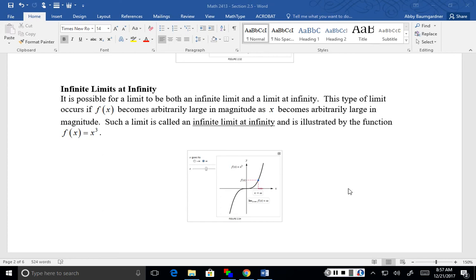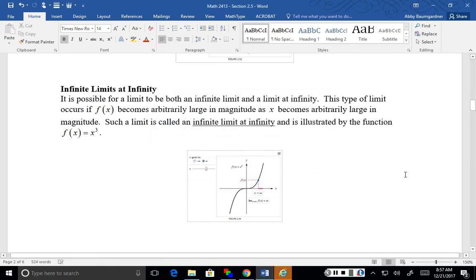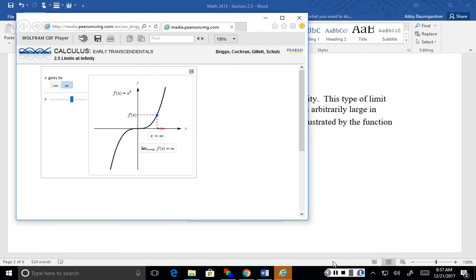And here's an example of an infinite limit at infinity. As we move towards the right side of the graph, we see that the graph itself is moving upward, right? So as x approaches infinity, the y value is also approaching infinity.